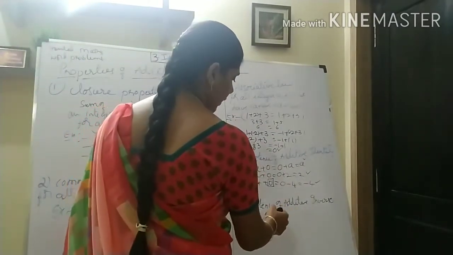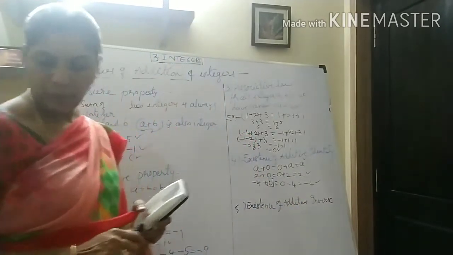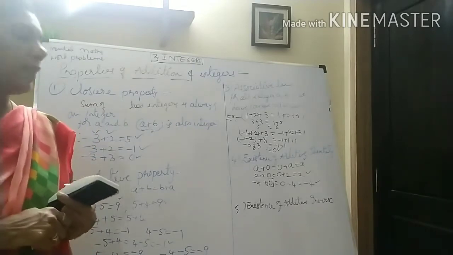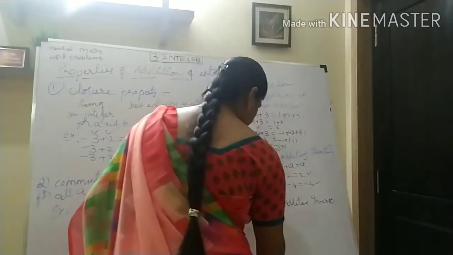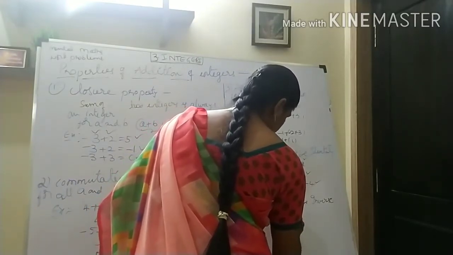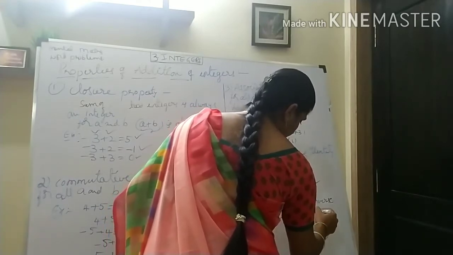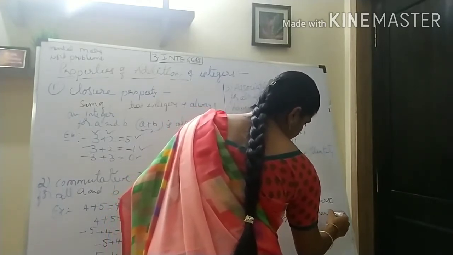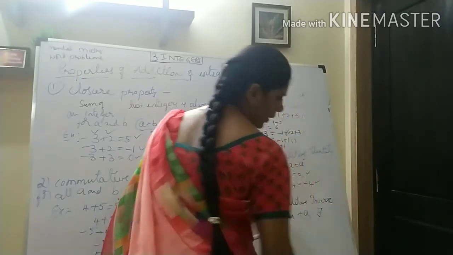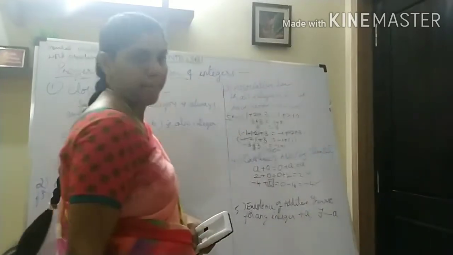Next one, existence of additive inverse. For any integer plus a, there exists an integer minus a. In place of this one we can write this symbol, there exists minus a. We know this one.